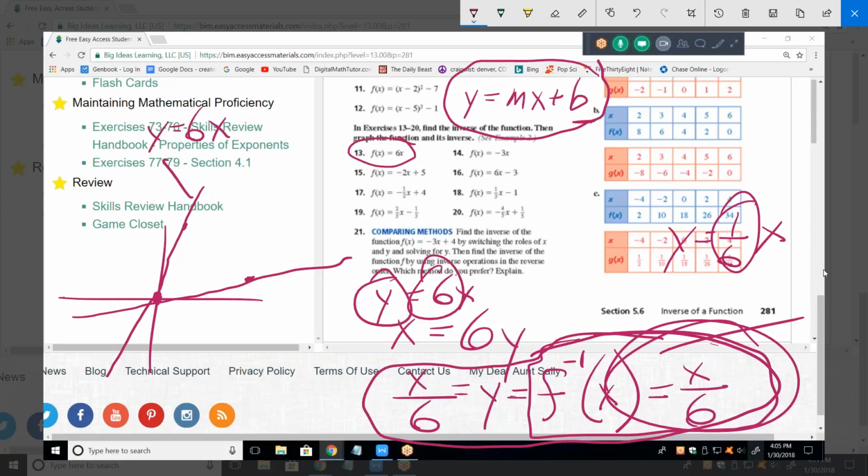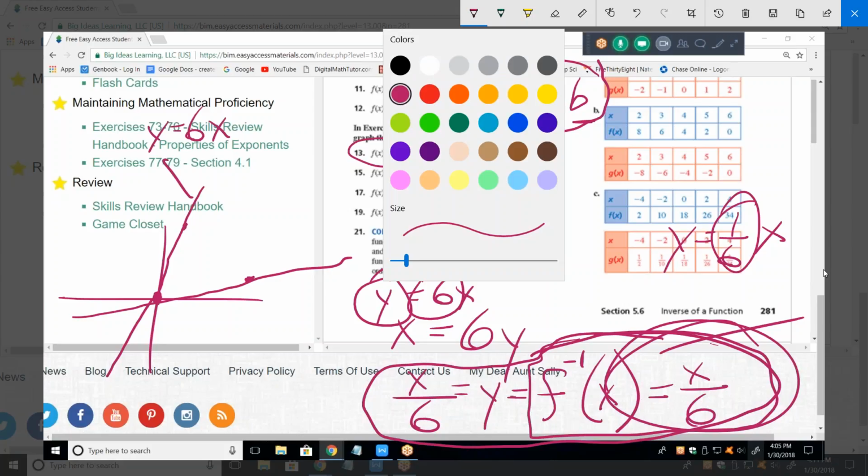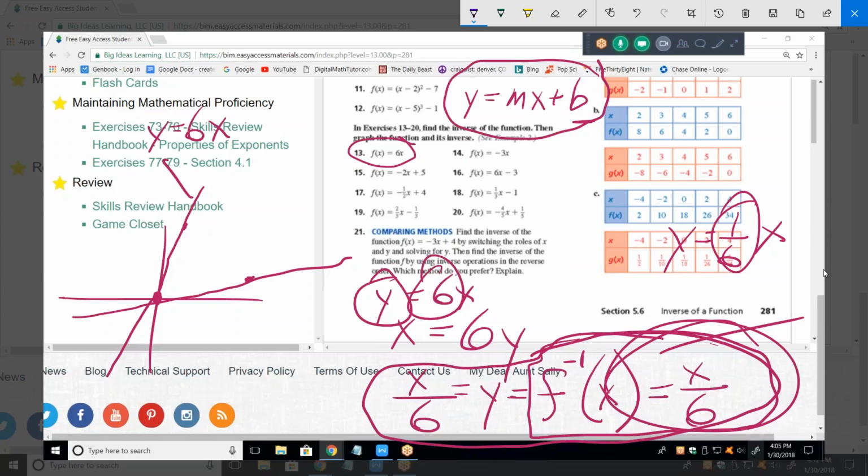Now I'm going to point out something else here. And this is true with all inverses. Every inverse, and it doesn't matter whether you're talking calculus or anything else, the inverse is a reflection about that blue line. That blue line's equation is y equals x.